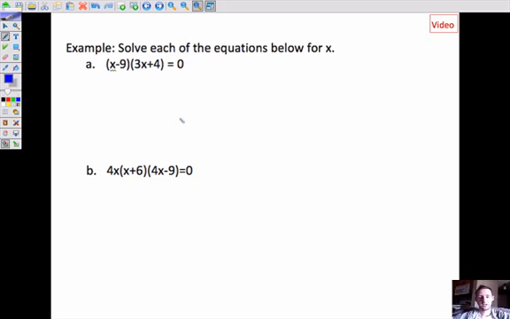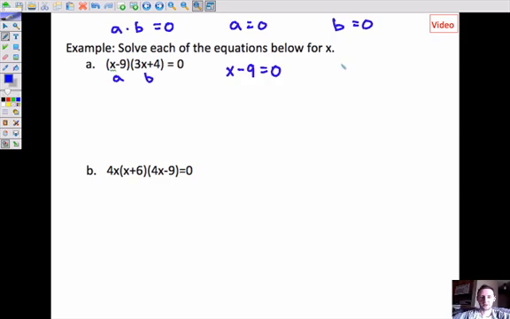So example, solve each of these equations below for x. Zero product property says if a times b equals 0, then either a equals 0 or b equals 0. So if we're solving this, we can call this our a and this our b. So part 1 is if a equals 0, so if x minus 9 equals 0.